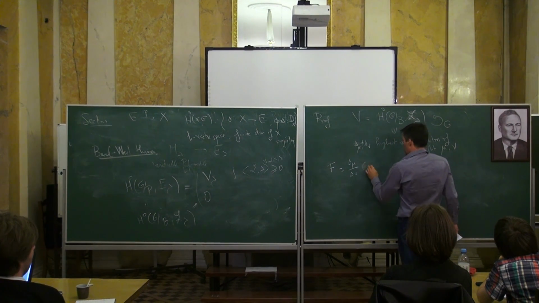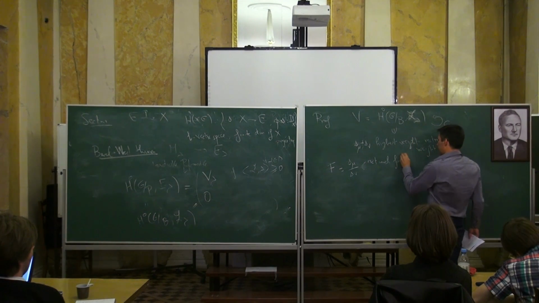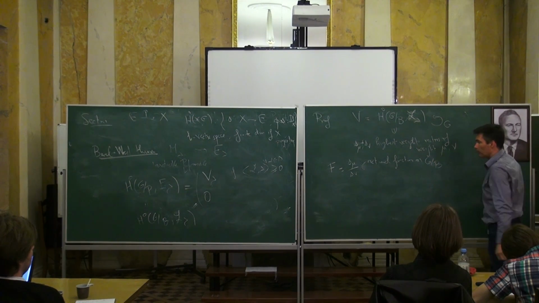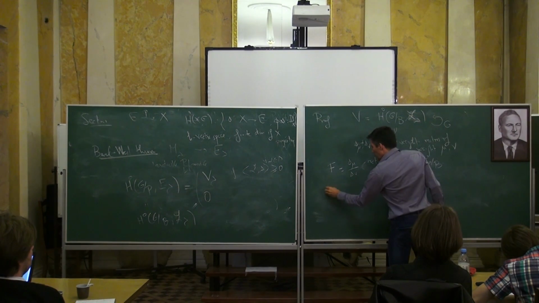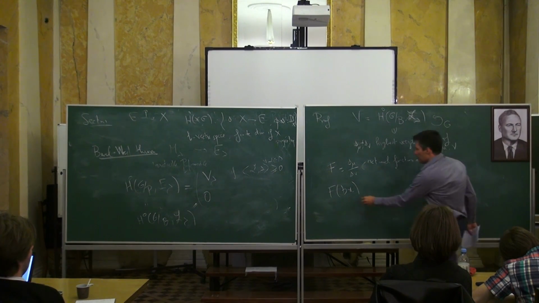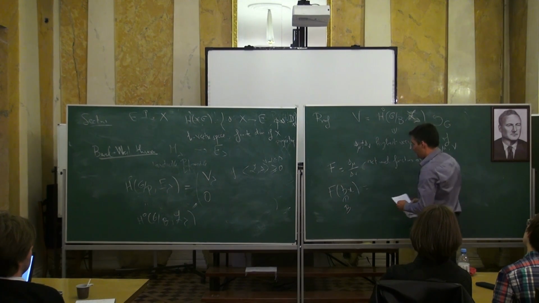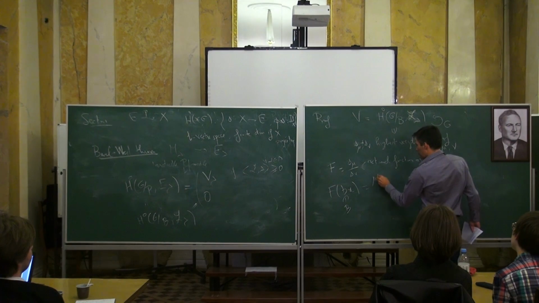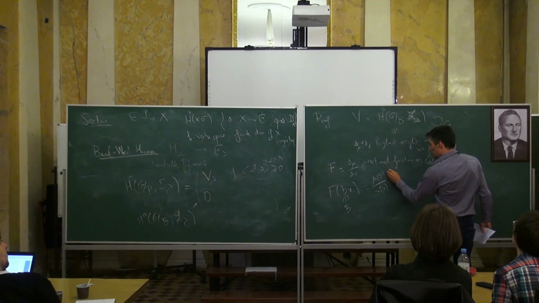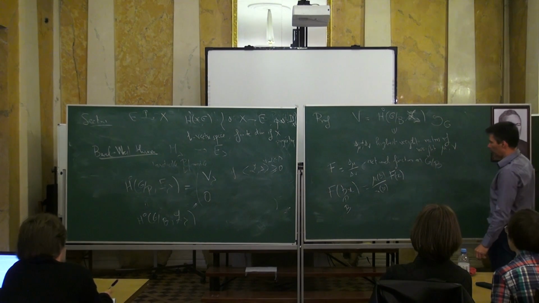This is a rational function on G mod B. And if we multiply by some element of B, since they are highest weight vectors, we will get mu of B divided by nu of B times f of x.